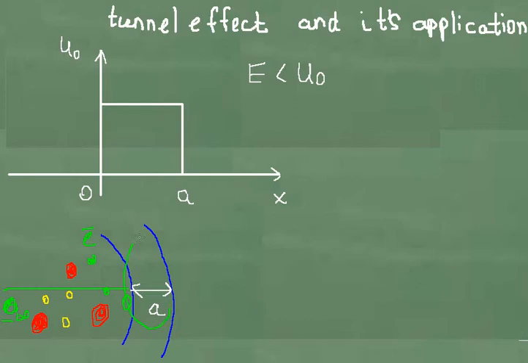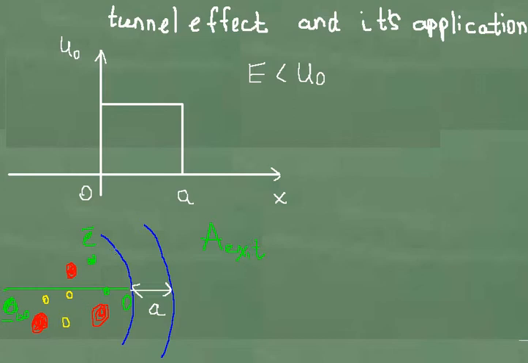It's represented in the graph. There is some potential barrier. This potential barrier is realized by different Coulomb forces that attract these electrons. And that's why every electron, from the classical point of view, can't cross this region without spending some work, the exit work.